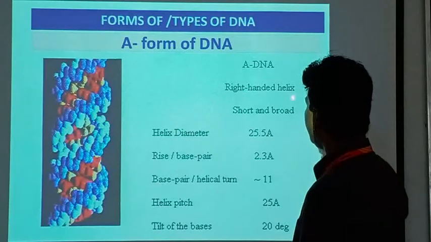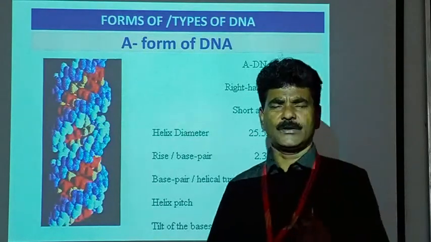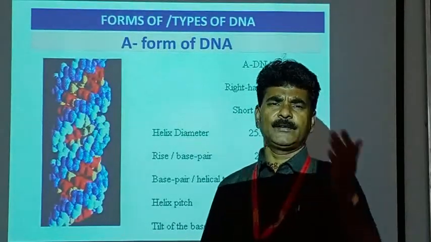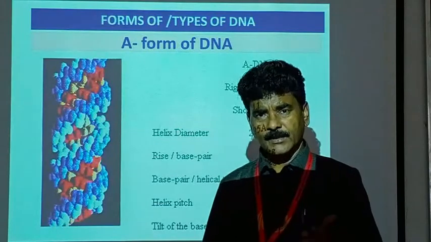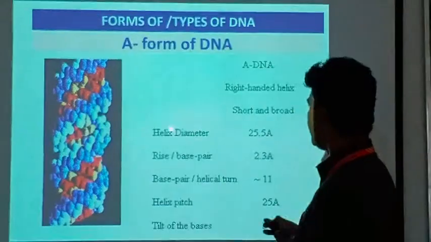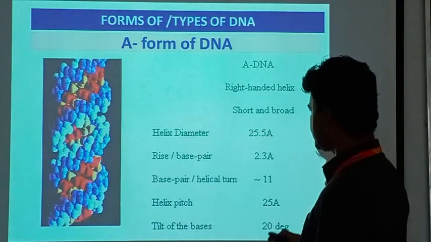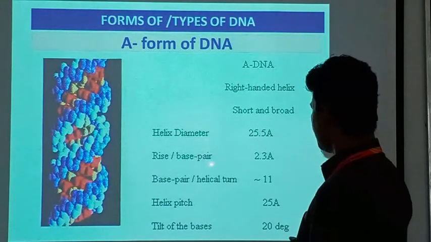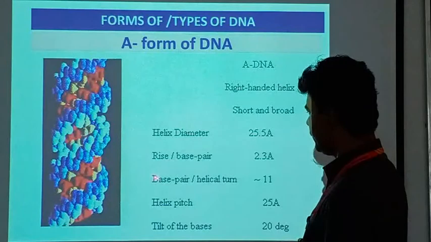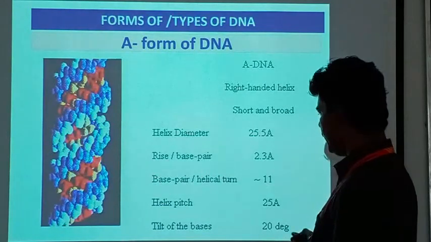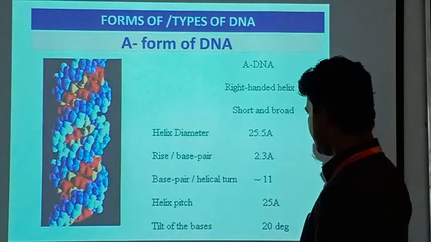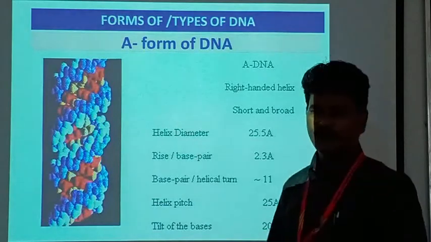Again, it is a right-handed DNA, but it is short and broad as compared to B form of the DNA. It is short and broad, but helix diameter 25.5 angstrom, rise per base pair 2.3 angstrom, base pair per helical turn 11, helix pitch 25 and tilt of base 20.